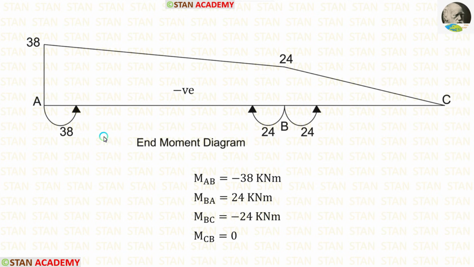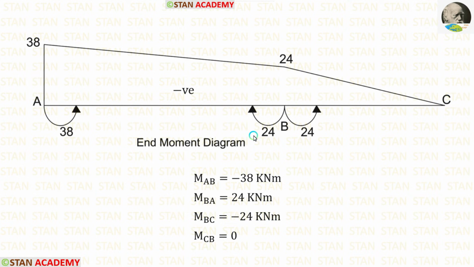Now we have to see the direction of the curve. All the three curves are indicating upwards, so the points will come above this line. Let us mark them, here 38 and here 24. In the point C, there is no moment, so here it is 0. Then we can connect.